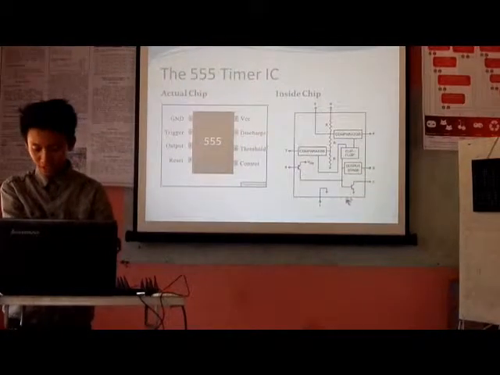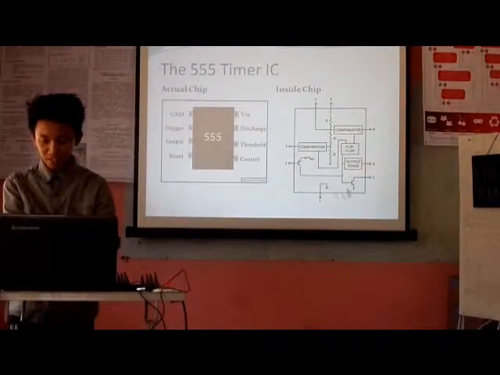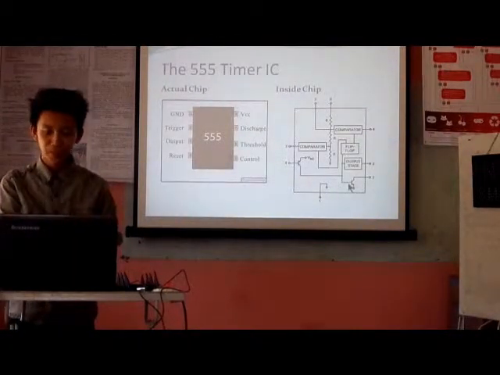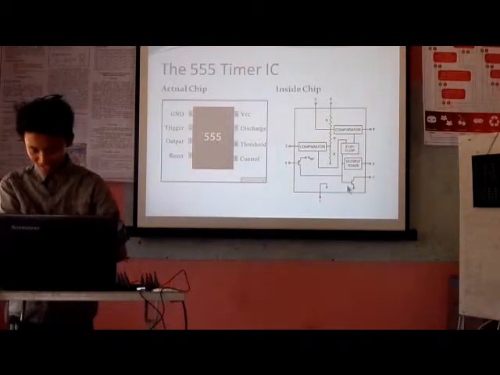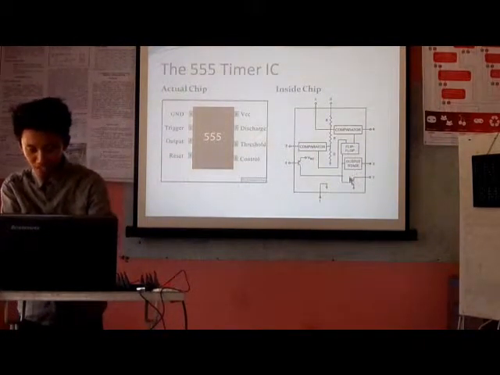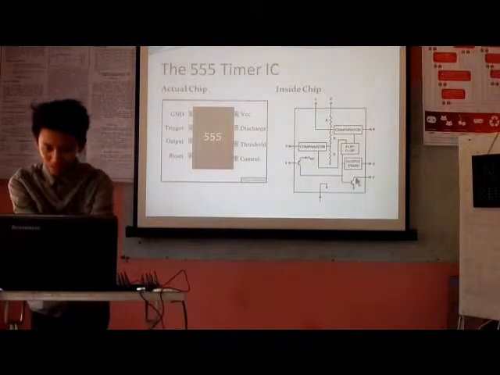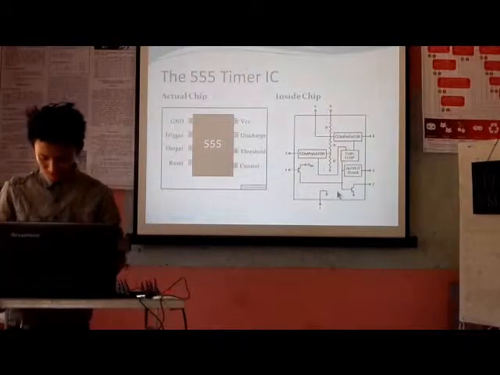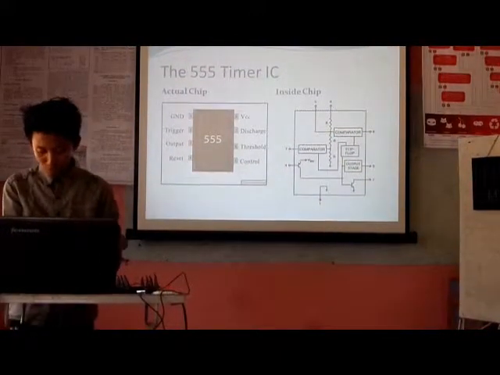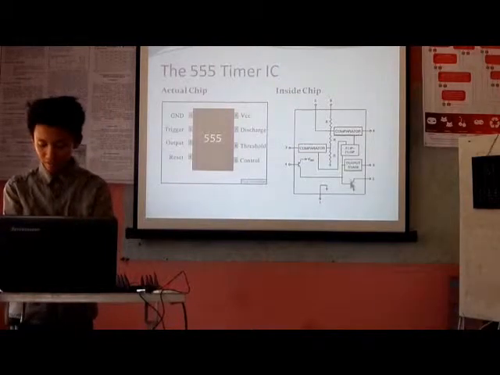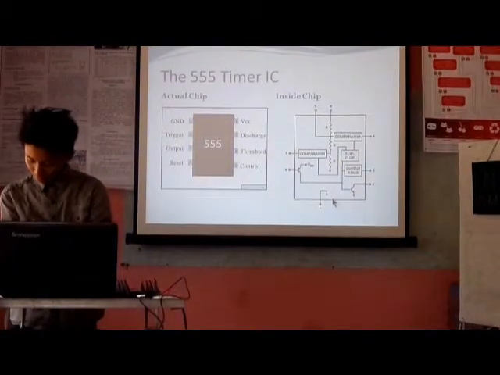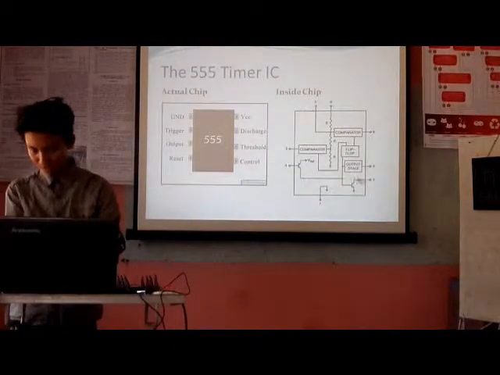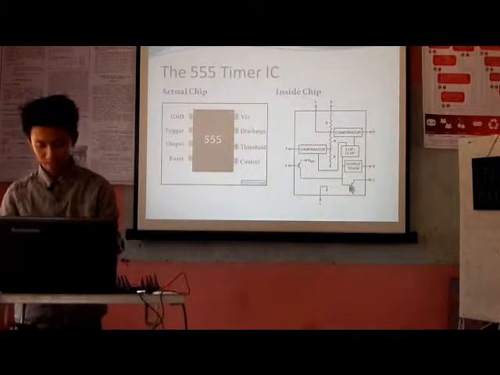That means the output voltage must be high, or 1 in binary, because a transistor base requires a voltage to produce a bias. And when the output at pin 3 is low, or 0 in binary, the discharge output must be 0 because there is no bias voltage on the base.